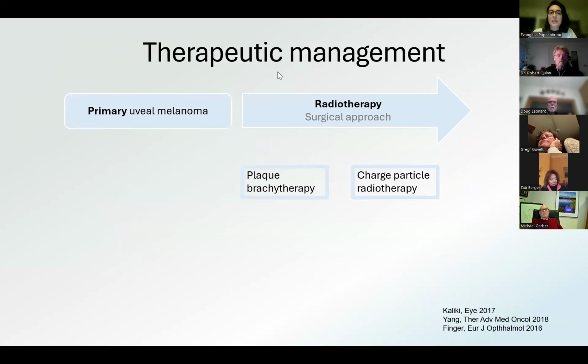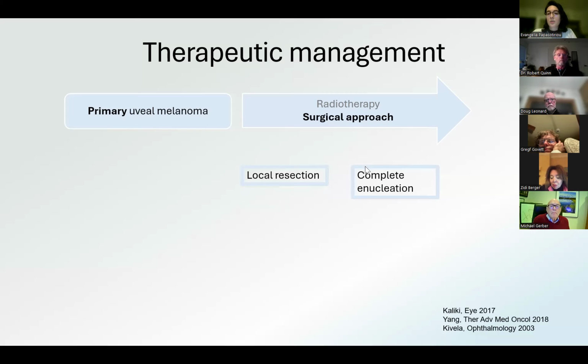And speaking of therapies, for primary uveal melanoma, just to remind you that 90% is choroidal melanoma, we have 2 approaches, which is radiotherapy and surgical approach. For radiotherapy, there is plaque brachytherapy, charged particle radiotherapy, also known as proton beam radiotherapy. And for the surgical approach, we have either local resection of the tumor or complete enucleation of the eye.